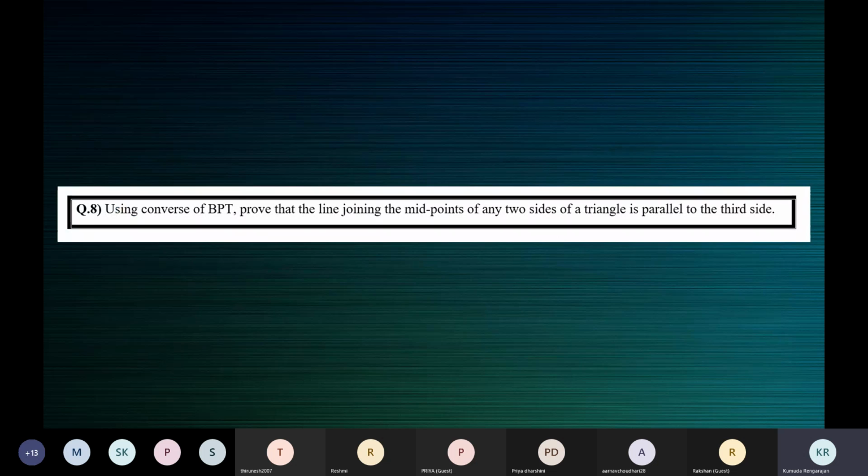So here, using converse of BPT, prove that the line joining the midpoints of any two sides of a triangle is parallel to the third side. This is the converse of the midpoint theorem.